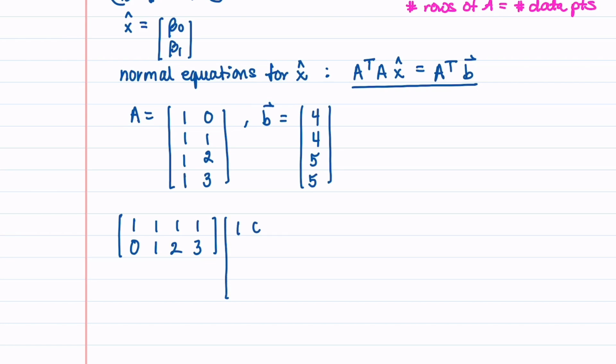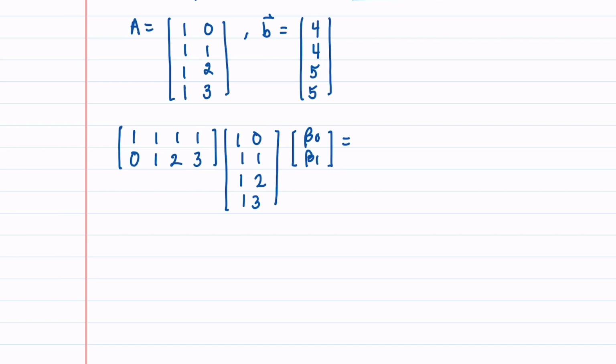We multiply that by matrix A. And then we have our x hat, which I'm going to put in as beta 0, beta 1. On our right-hand side, we're going to have A transpose again. So that's 1, 1, 1, 1, 0, 1, 2, 3. And we're going to multiply that by our vector b, which is 4, 4, 5, 5.